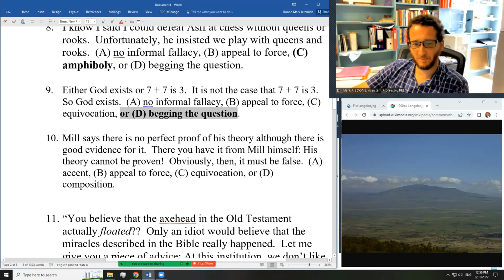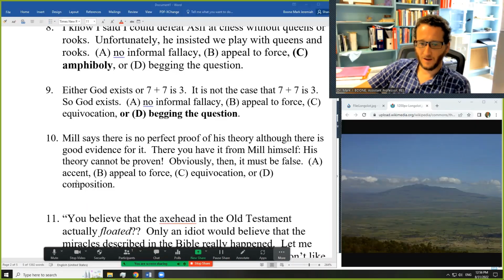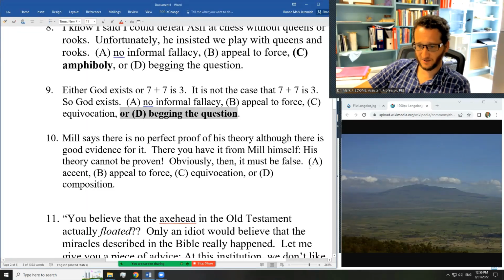So number 10 appears to be begging the question. Number 10. Appeal to force, equivocation. Ah, no, that is subtle. I think accent is the best answer for number 10.